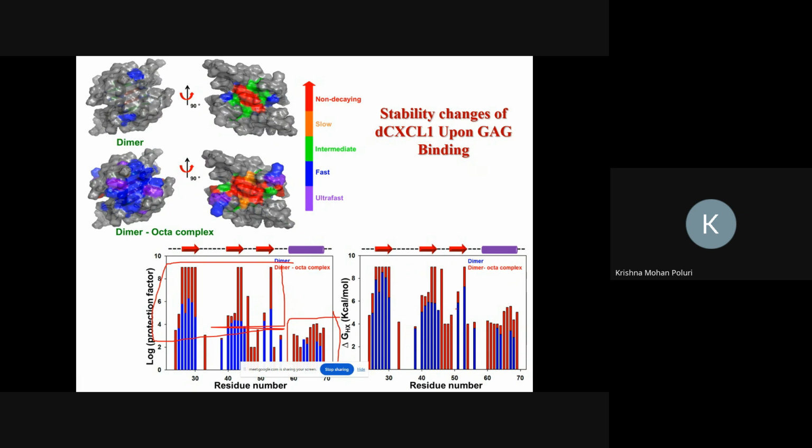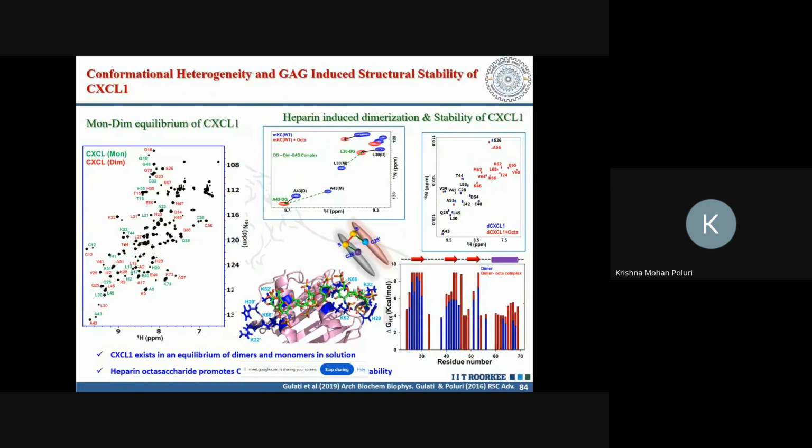You see, the whole helix has gained almost 4 to 6 kilocalories of delta G upon binding to its ligand. So you can map the surface, you can understand the surface, you can bind to the surface, and you can also get the thermodynamics, kinetics, and so on and so forth of the information.